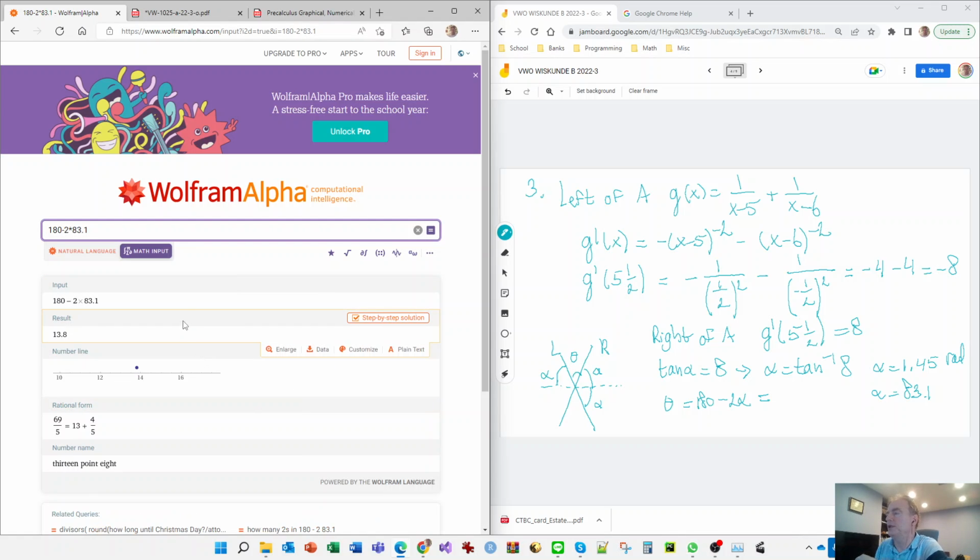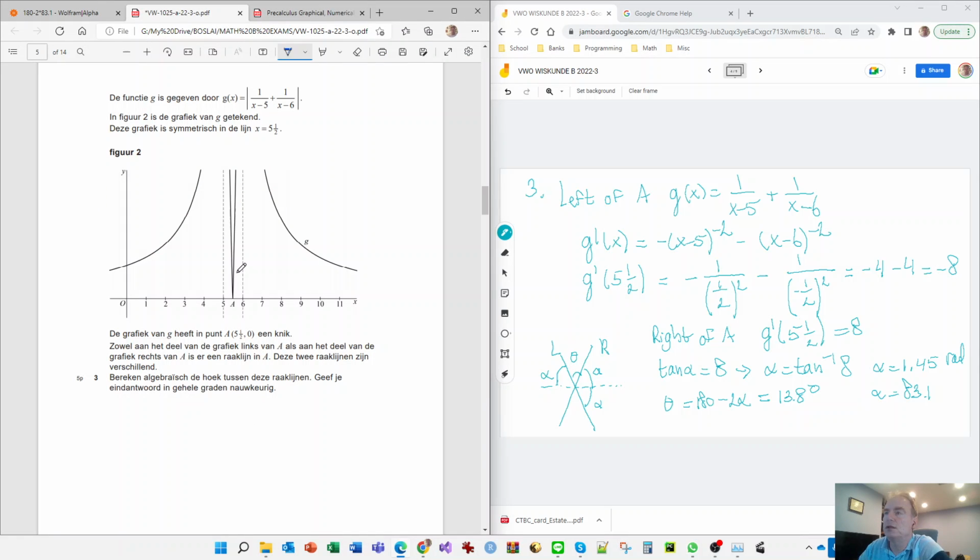It's 13.8 degrees, which probably might make sense. They're asking to put it in a whole number of degrees, so it's actually 14 degrees.